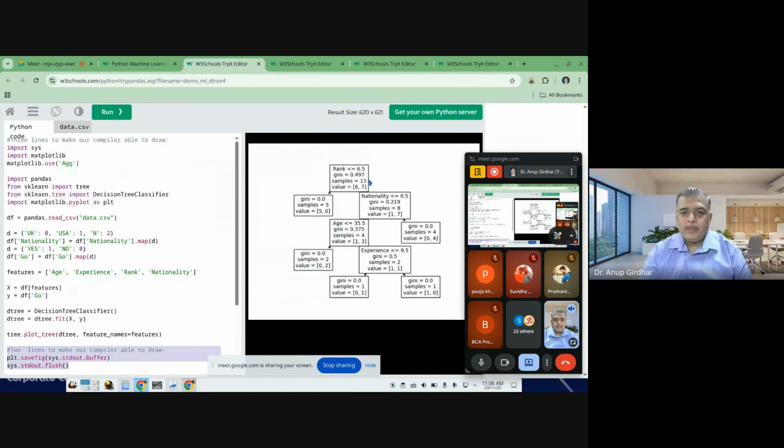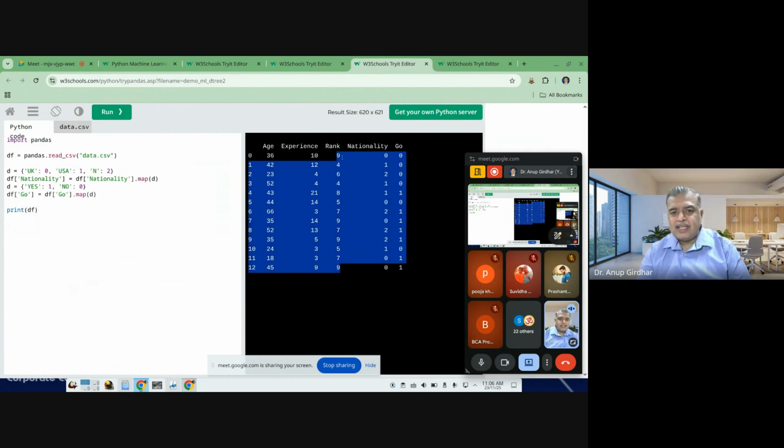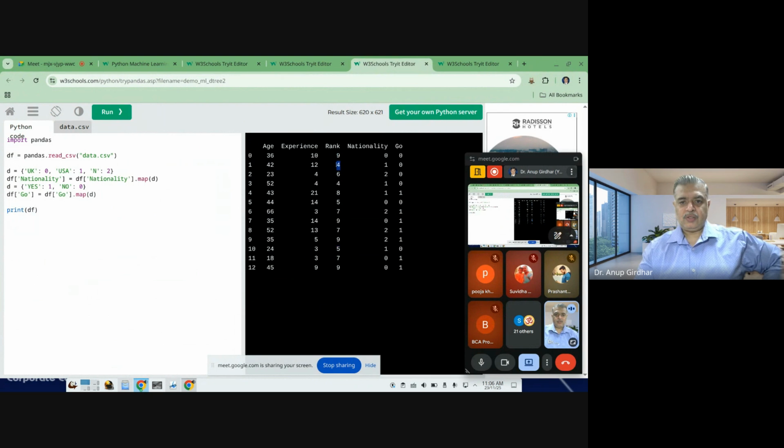If we calculate like this, the rank is less than or equal to 6.5. In that case, how many values are there? You can correlate and find out where the rank is. There you have rank. Now check 6.5, less than 6.5. So that is 1, that is 2, 3, then 4, 5, 1, 2, 3, 4, 5.